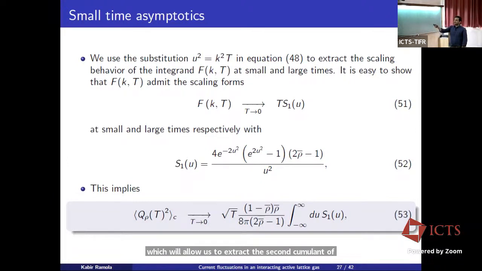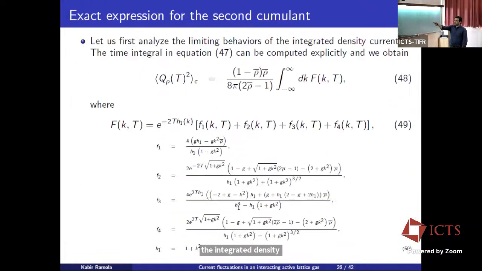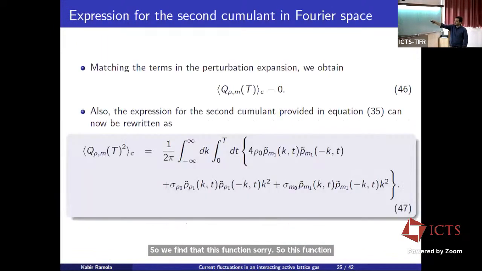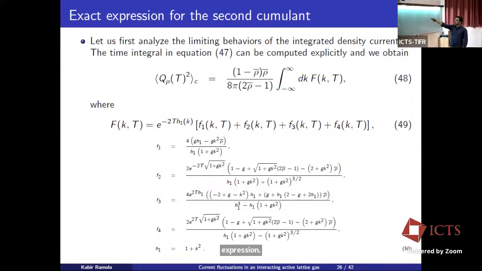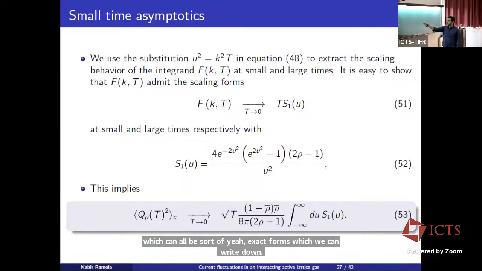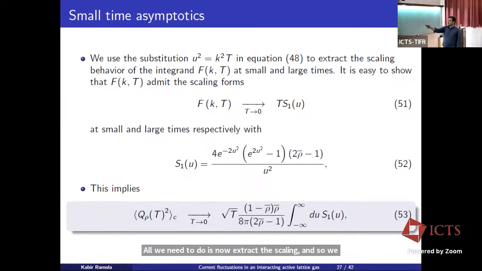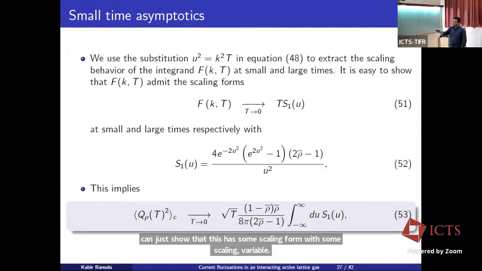So this function that we wrote down, this f, which is the Fourier space expression, if I go back one slide, this whole thing can be written as a Fourier space f of k of t, which has some very nice exact forms which we can write down. All we need to do is now extract the scaling. And so we can just show that this has some scaling form with some scaling variable u equal to k square root t.